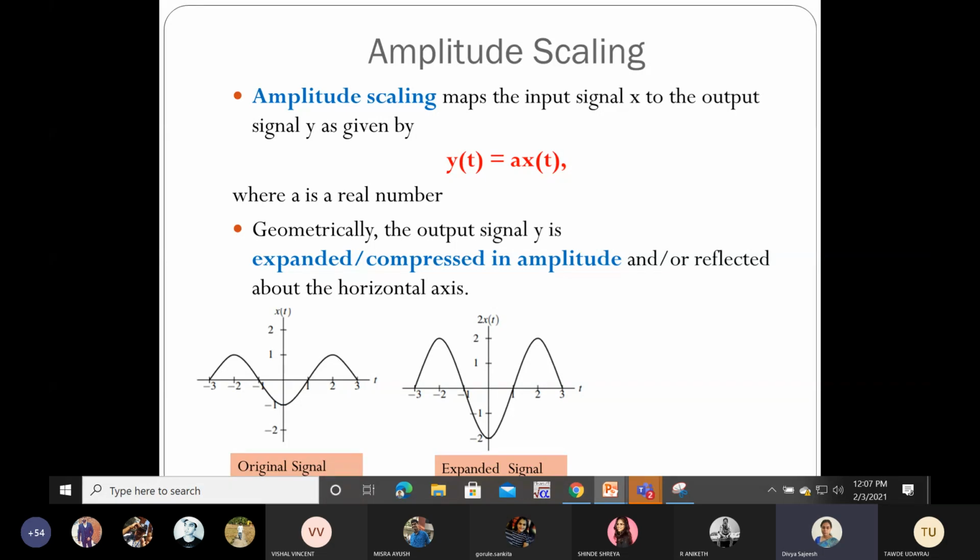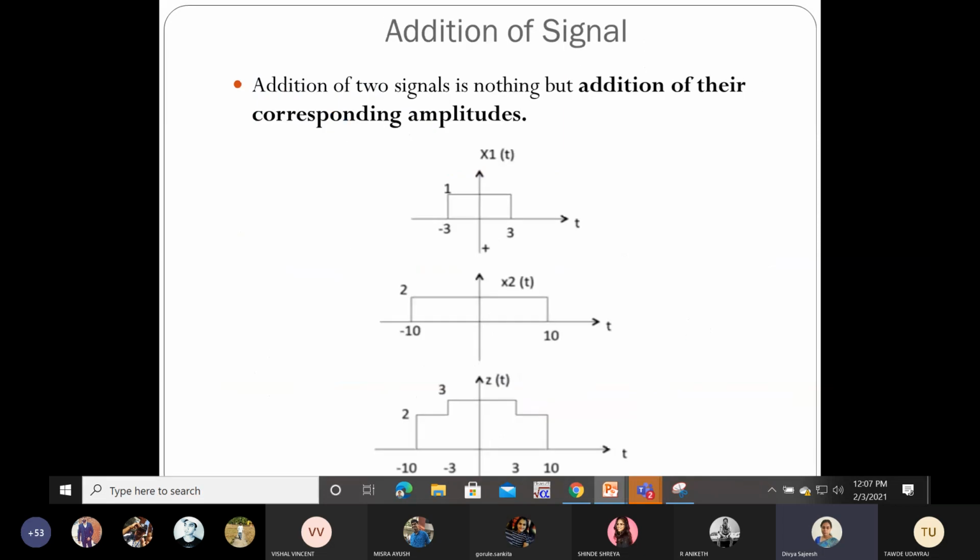So 2 x of t means its amplitude will increase by a factor of 2, and when A is less than 1, it will be compressed by a factor of 1 upon A. So original signal, its expanded version, and the compressed signal.